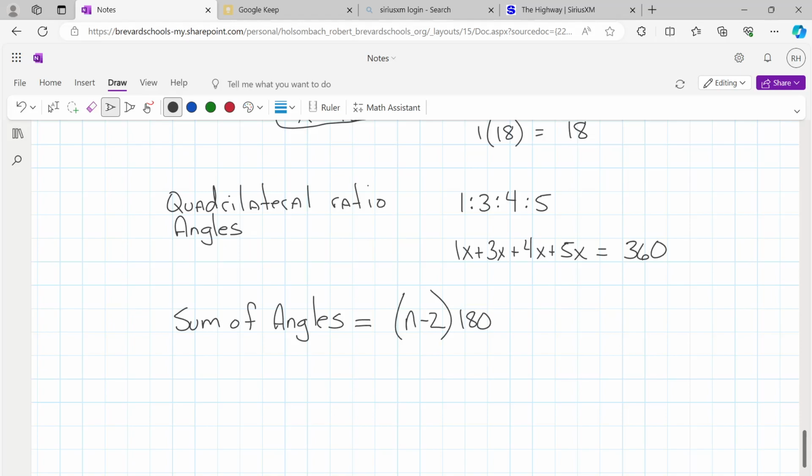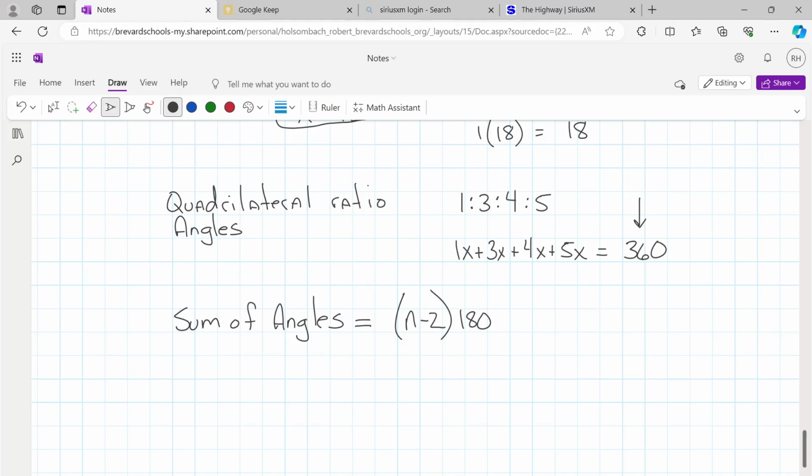So if they give you a shape other than a triangle, and they're talking about the ratio of angles, make sure that you get the correct sum of the angles for the shape that you're working with. You're not going to use 180 every time. The sum of the angles is directly influenced by the number of sides of the shape.